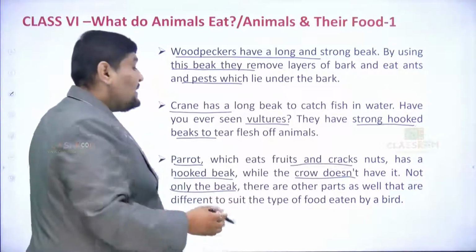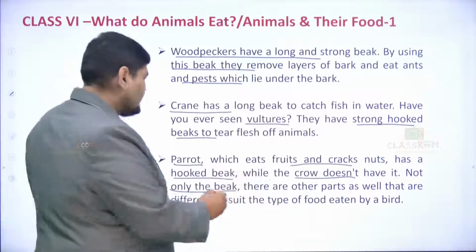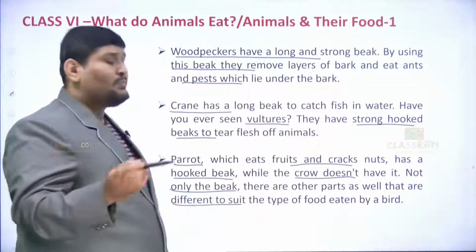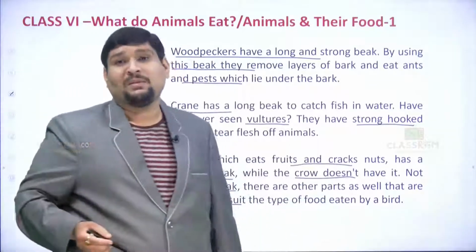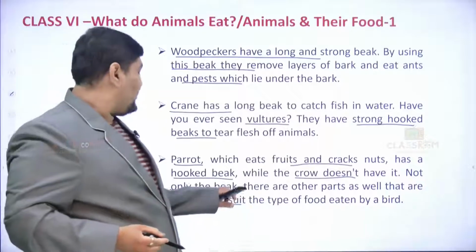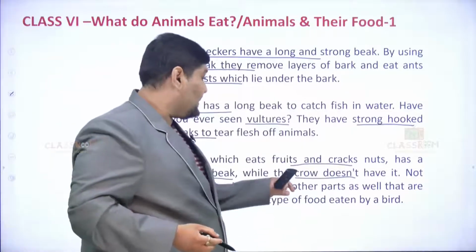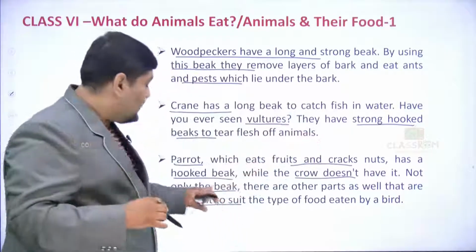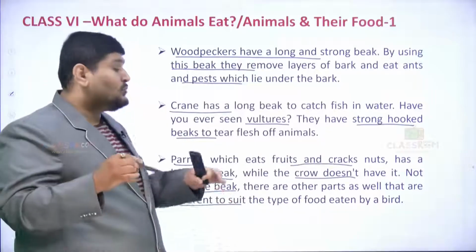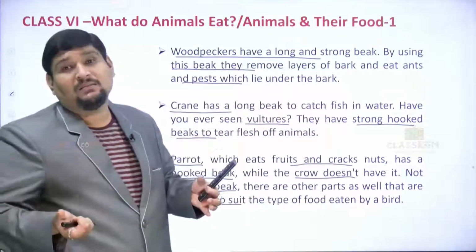Not only the beak, there are other parts as well that are different to suit the type of food eaten by a bird. Here, not only the beak, but some other parts also are different to suit the type of food they eat.